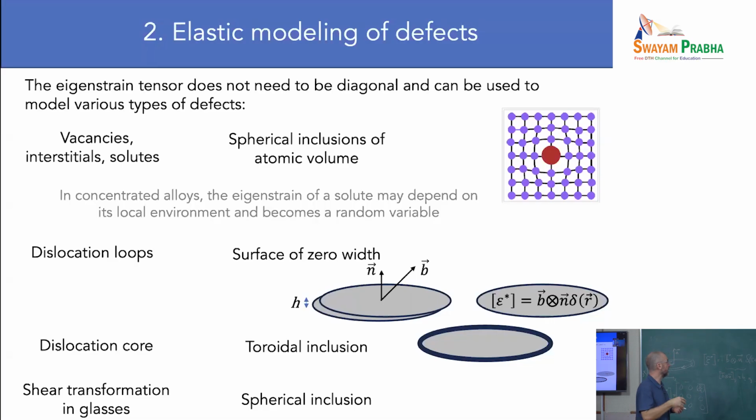What we have shown in a series of papers is that we can model the non-Schmid effects by assuming that the dislocation core itself is an eigenstrain region, an Eshelby inclusion in the form of a donut, a torus, and we can compute the eigenstrain matrix for this dislocation core using atomistic simulations, using a methodology I'm going to tell you about in a minute. Once we know these eigenstrains, we can predict the non-Schmid effects, and we can compare with brute force atomistic calculations, and it works very well.